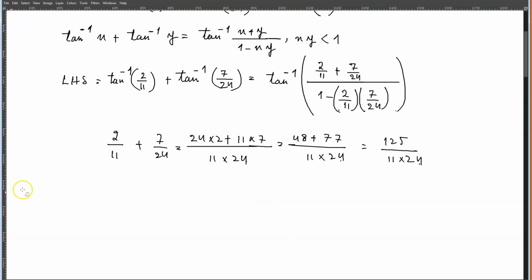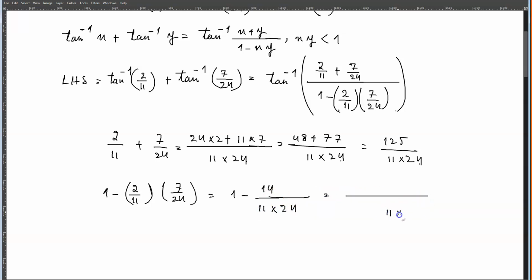Now the next part is 1 minus 2/11 times 7/24, which is equal to 1 minus 14 over 11 times 24, and that is the same thing as 11 times 24 minus 14 over 11 times 24.